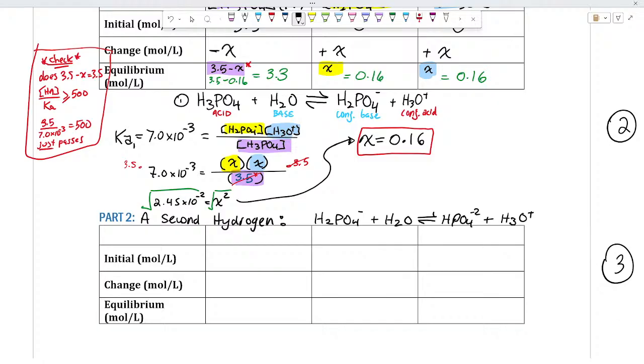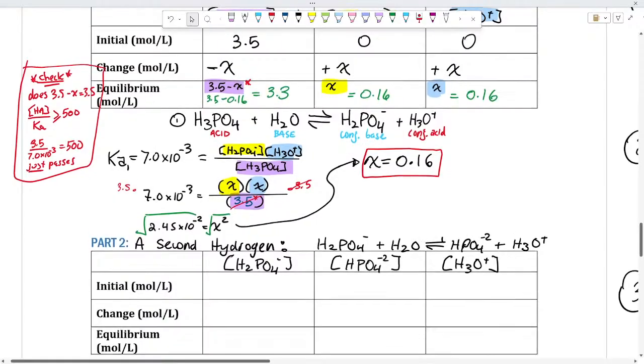Now, this is going to give us a little bit of interesting math, because now we have to put these in. We have the concentration of H2PO4 minus. We have the concentration. We don't need to do water, right? Because that gets baked into our Ka. But we do have to do HPO4 2 minus, or minus 2. And H3O plus.